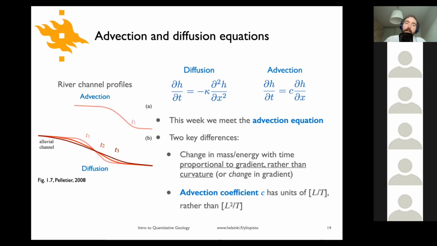If we take the same example for a river that is experiencing the process of advection, this is the same kind of idea: a gentle, high elevation piece of a river channel going over a steeper part of the river channel and then flattening out. With advection, what happens over time is that the channel shape and geometry doesn't actually change in terms of its profile.